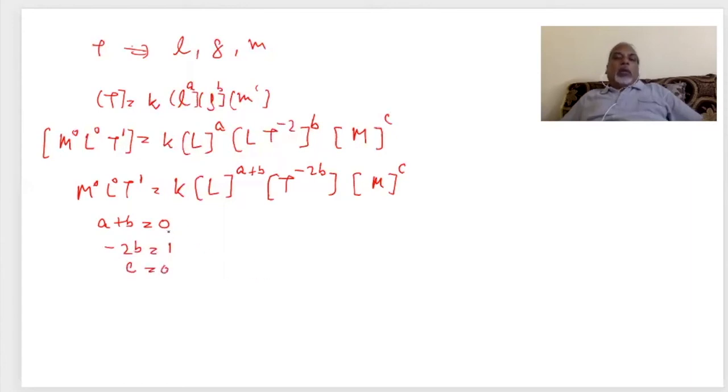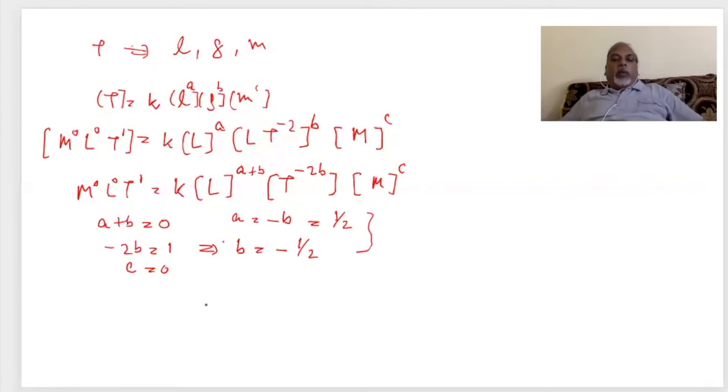Correct? So from here we can find out b is equal to minus 1 by 2, and a is equal to minus b, or we can write it as 1 by 2. Correct? So these are the values we have found out.